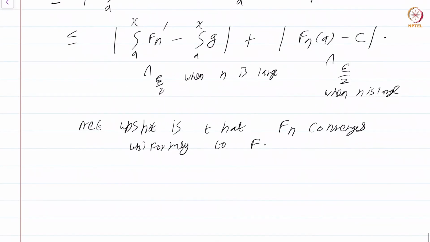Okay, and the fact that f prime is equal to g is just the fundamental theorem of calculus. Okay, so this concludes the proof. So the behavior of uniform convergence under differentiation is still nice, but not as nice as one would expect.